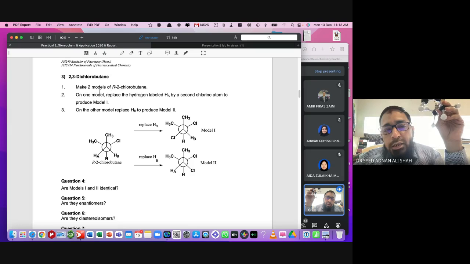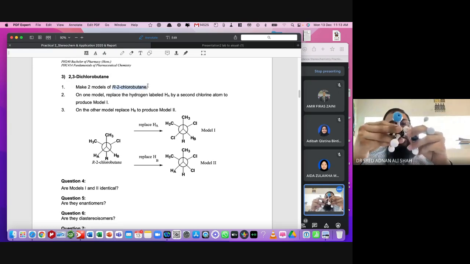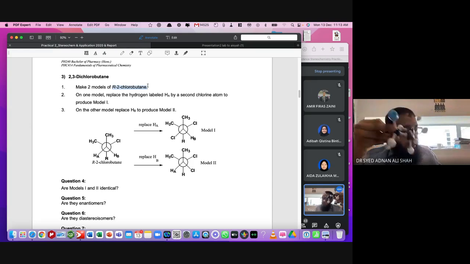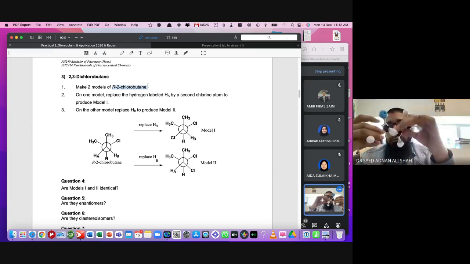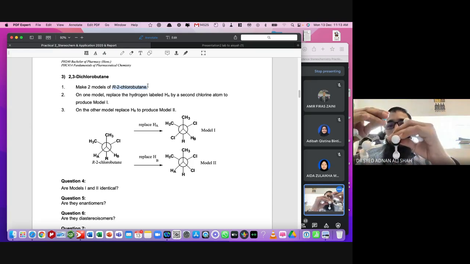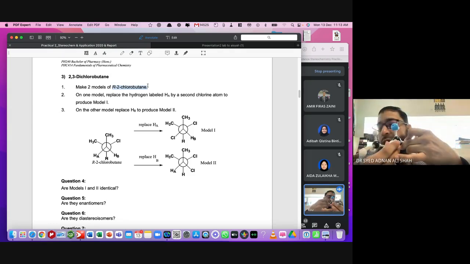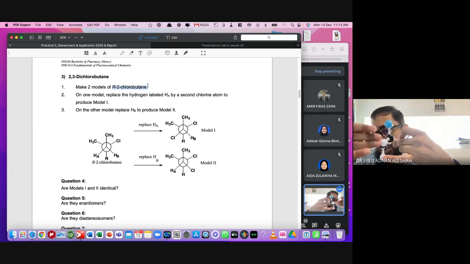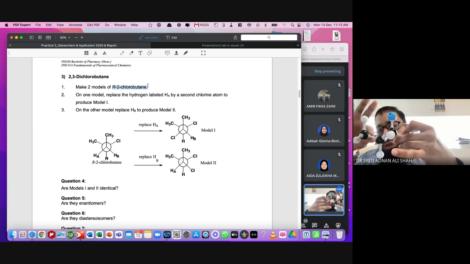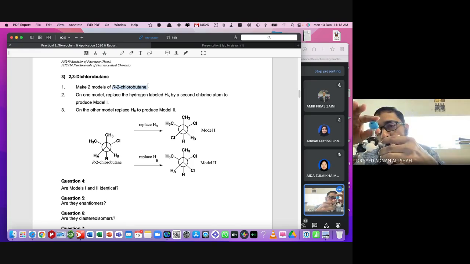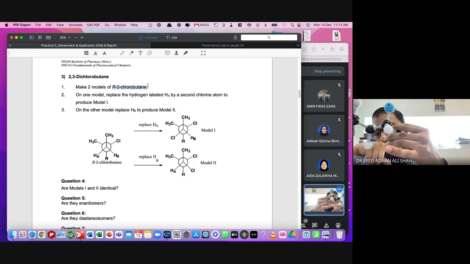And here the molecule is R-2-chlorobutane. You can see this one is a hydrogen at the back, which is pointed away from you. And then after that CH2, CH3, and this methyl. This one is 1, 2, and 3, clockwise, R, right?